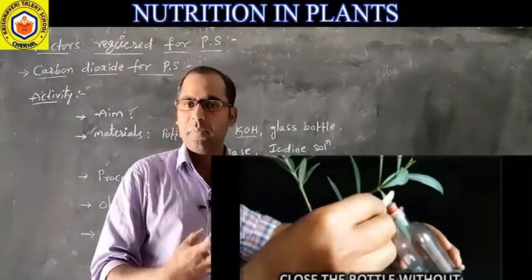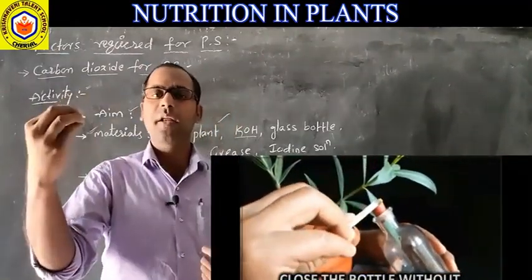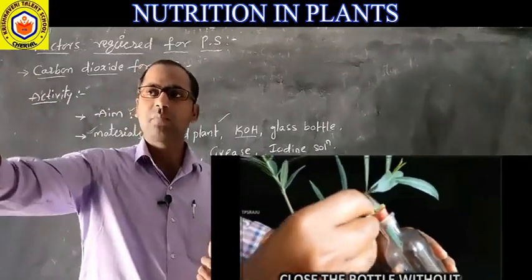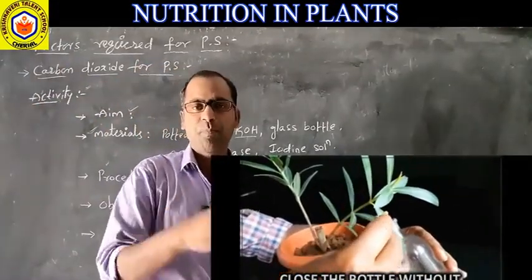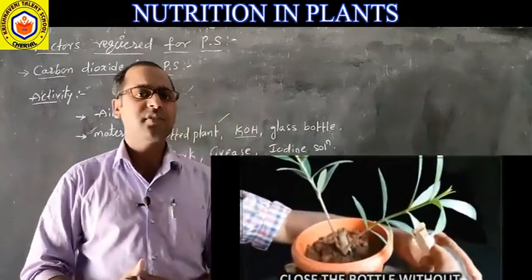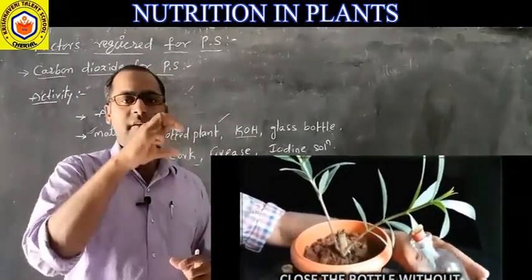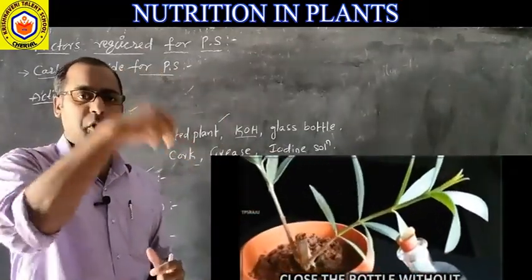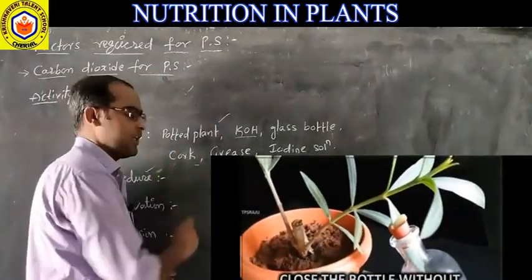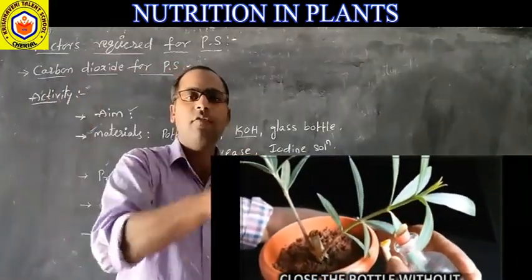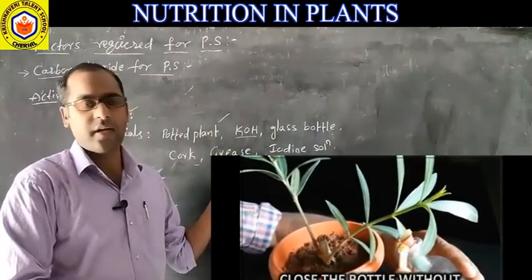Our experiment is to know whether carbon dioxide is required or not. If atmospheric carbon dioxide enters the bottle, there is no use of this experiment. So we should apply grease where the bottle mouth is closed with the split cork. Hence we can prevent complete entry of air into the bottle, right?